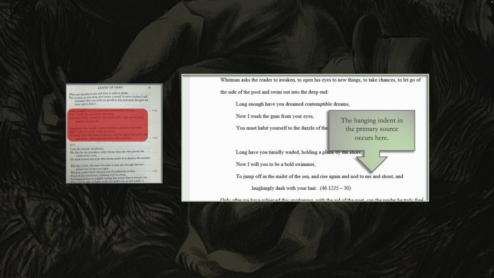So my line 1230 ends with the word and, then I can skip to the next line with laughingly, dash, with your hair, and so I have a new hanging indent. So again, you don't repeat the line endings with Whitman's free verse. It's just a line that goes all the way to the right, and then you have to create a new hanging indent that starts on a different word.